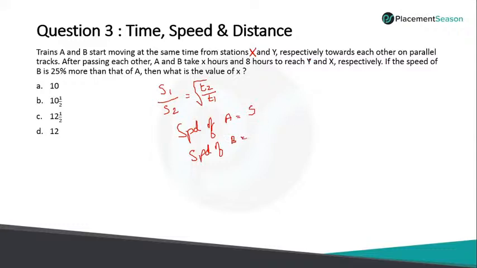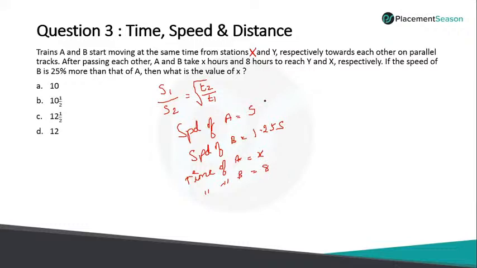If the speed of B is 25% more than that of A, if speed of A is S, then speed of B should be 1.25 times S. Time also is given, right? Yes. Time taken by A is given as X. What is the time of B? It is given as 8 hours, right?